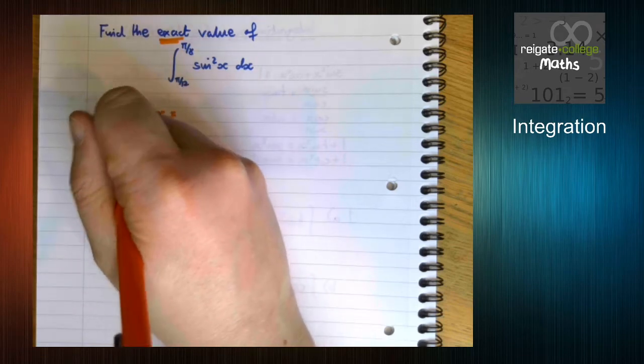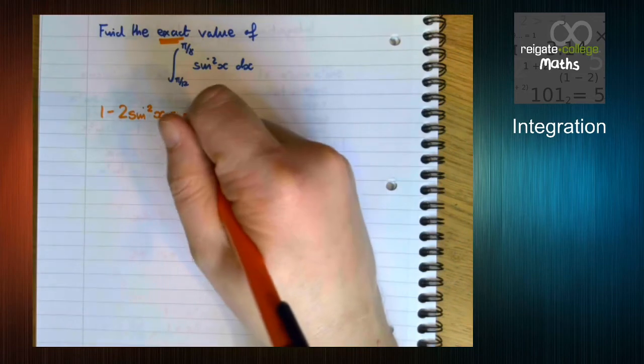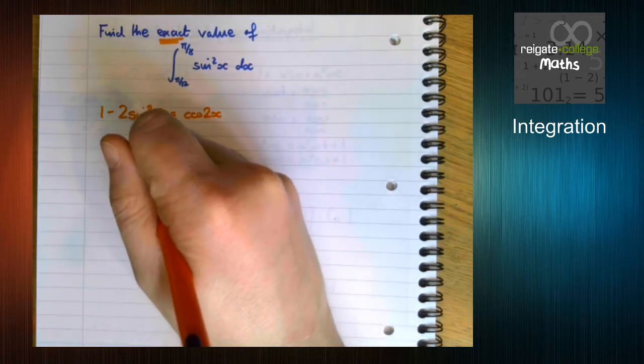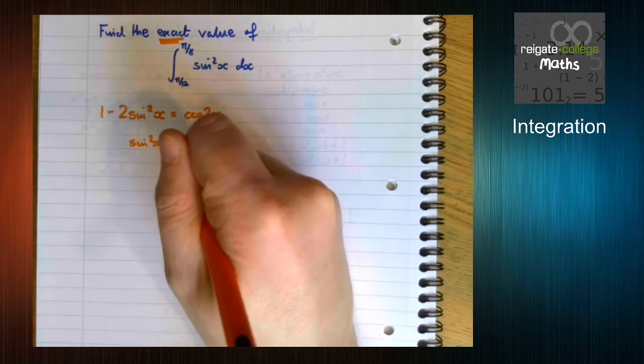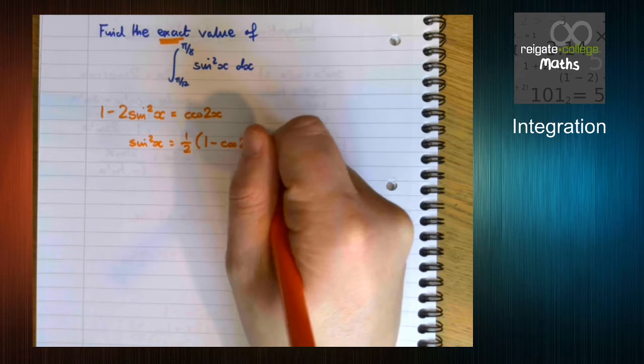We know that 1 minus 2 sine squared x is cos 2x. So sine squared x is a half (1 minus cos 2x).